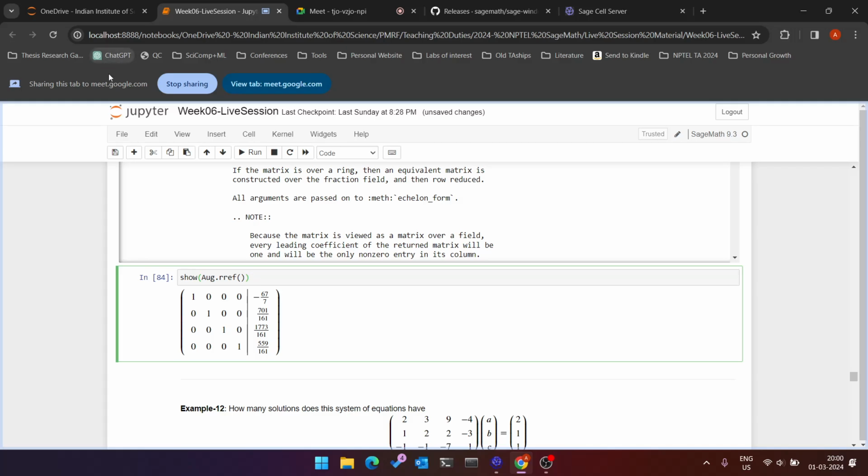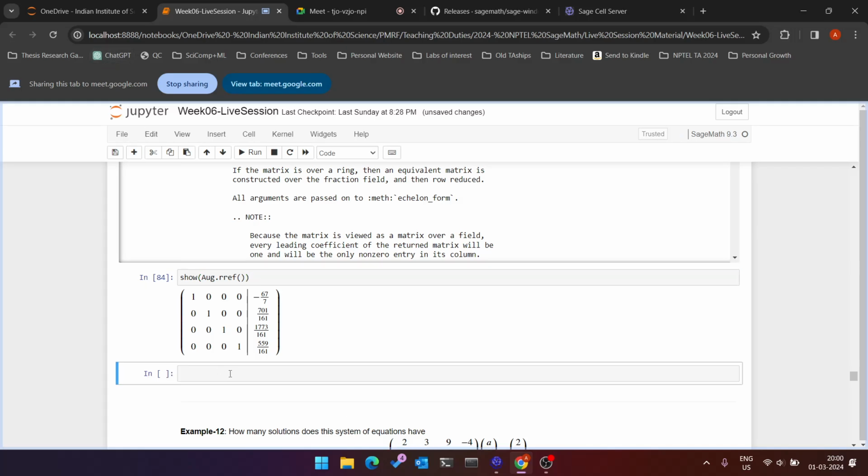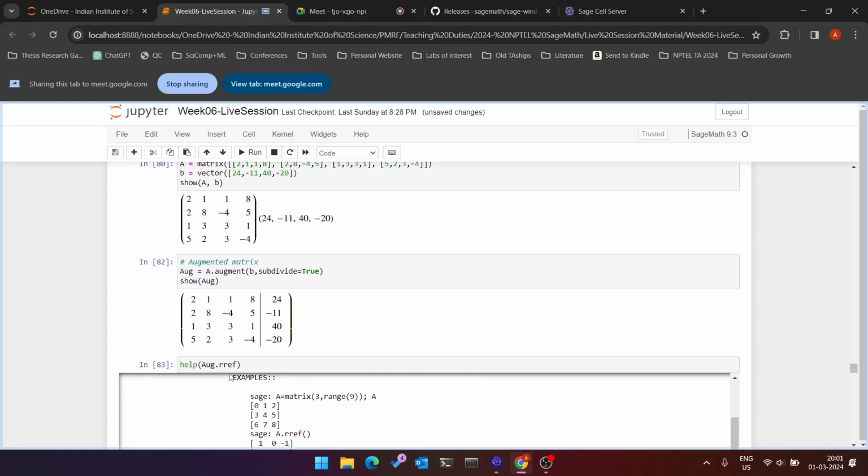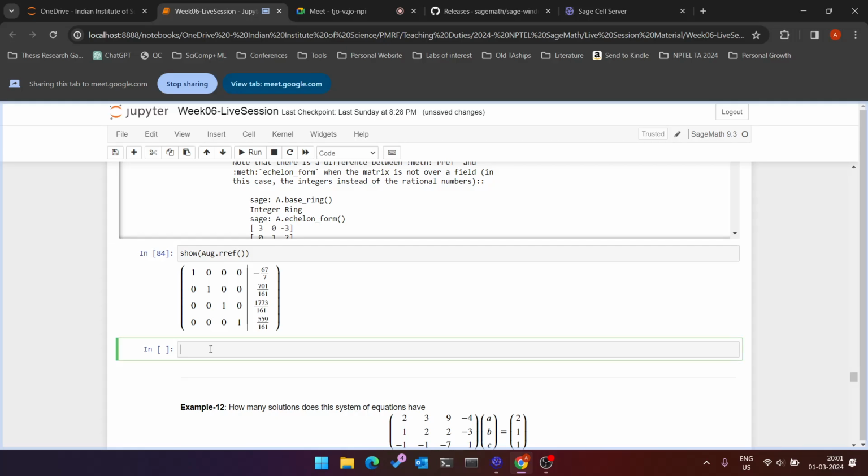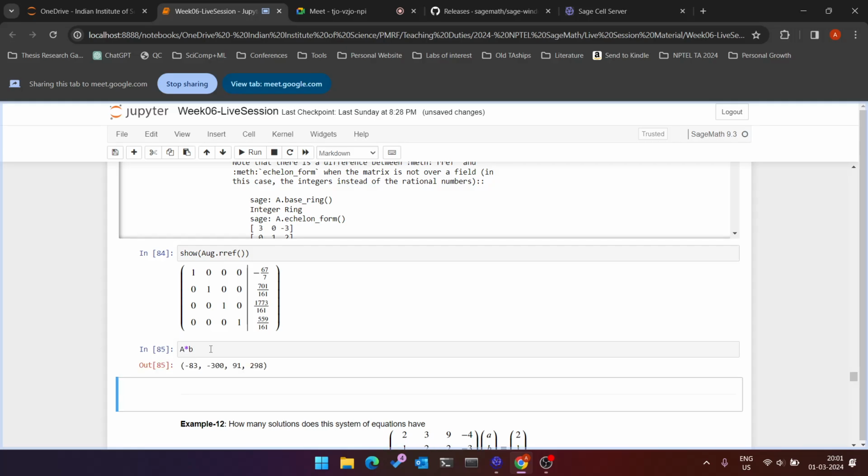If I want to check this, I could define x to be 67 by 7, 701 by 161, 1773 by 161, and 559 by 161.